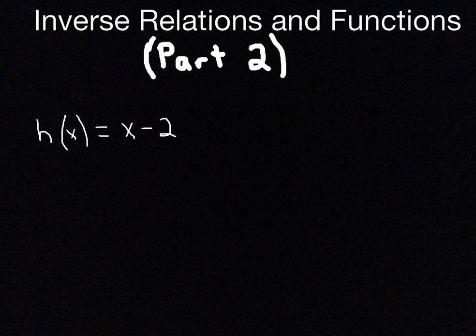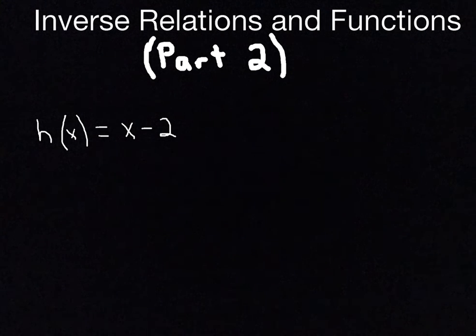So, in this first one that I have here, I have h of x is equal to x minus 2. What I want to do is find or state the inverse rule for this function, or find the rule for the inverse of this function. Again, your notation for the inverse looks like a -1 exponent, but it's not meant to be a -1 exponent.